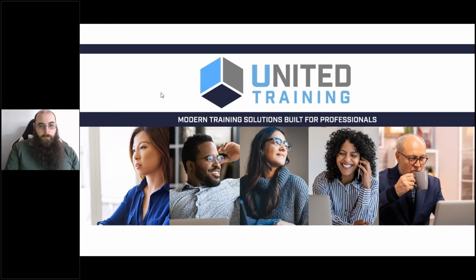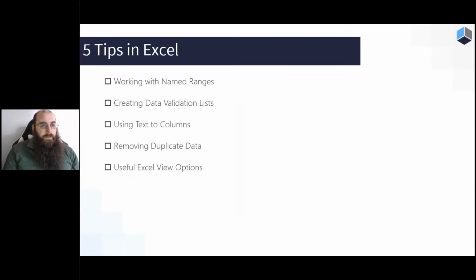So for our agenda for this session, first tip of the day, I want to talk about working with named ranges in the Excel program. We'll then talk about creating data validation lists, which is about drop-down menus in Excel. Good feature to know. We will talk about using the text to columns feature in Excel, as well as removing duplicate data.